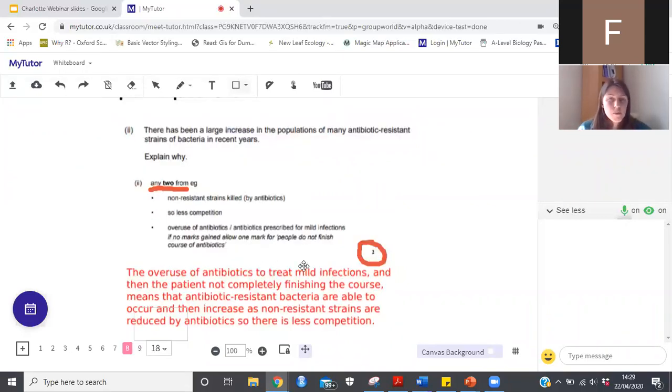Any questions about answering explain questions? We're going to look at longer ones, so 4 or 6 mark questions later, but for the moment, any particular questions?